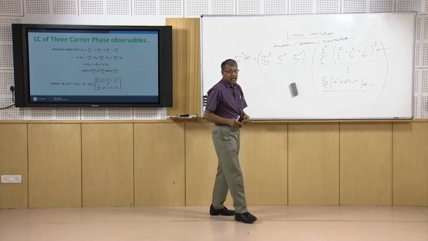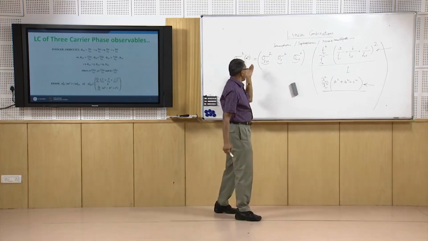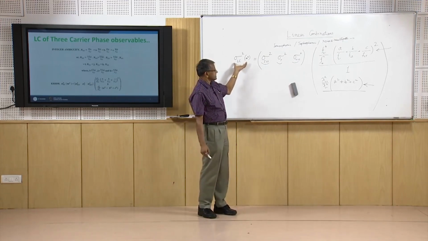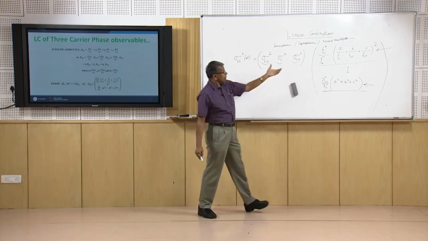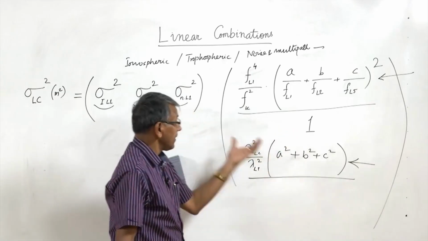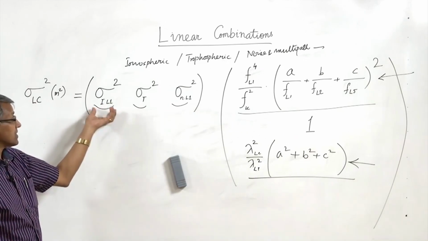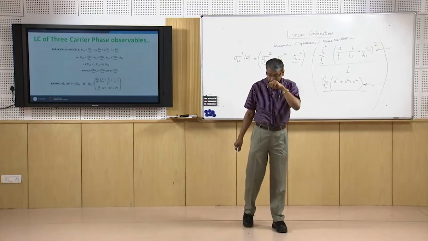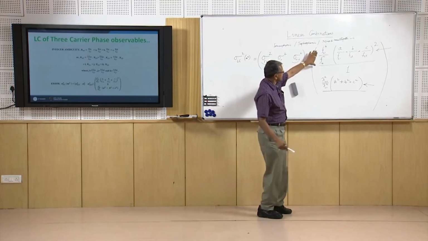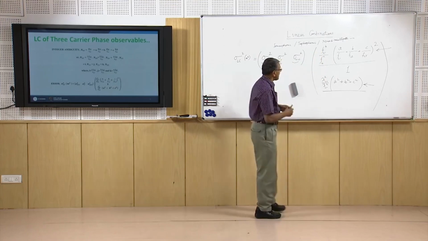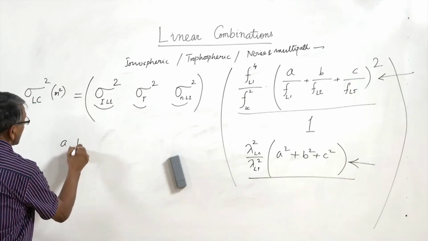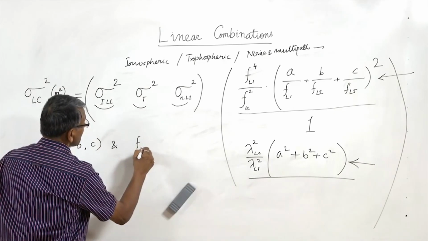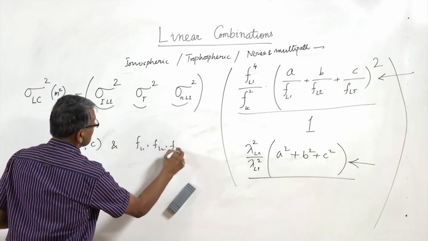Now we can see that the errors associated with the linearly combined signal are a weighted sum of the ionospheric error, tropospheric error and noise and multipath error. And these weights are primarily dependent on the coefficients A, B, C and the nominal frequencies FL1, FL2, FL5.